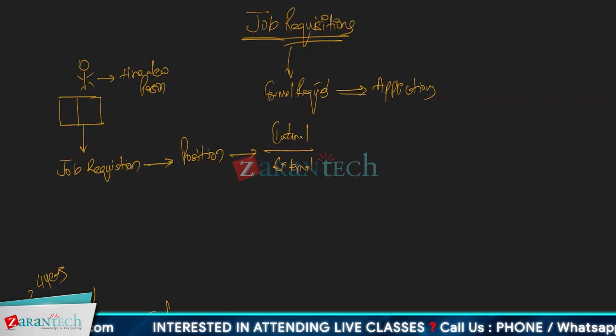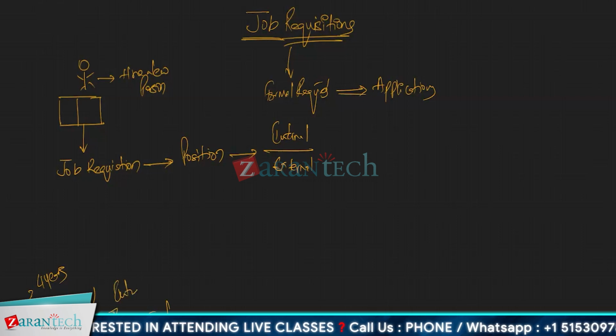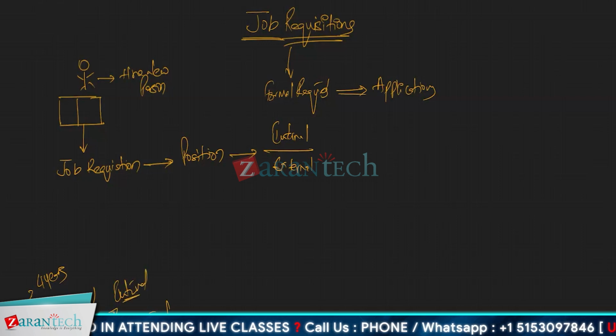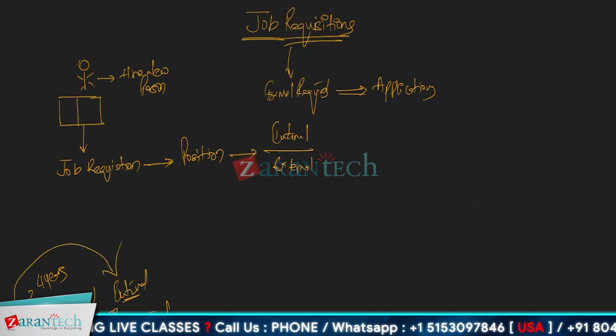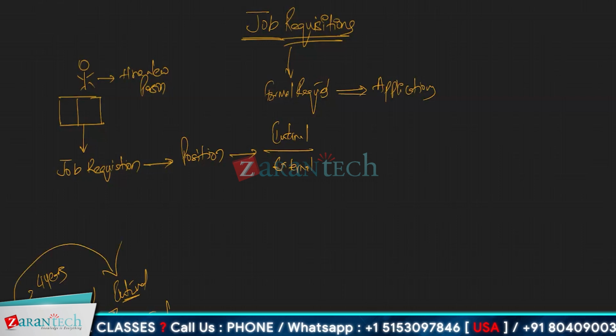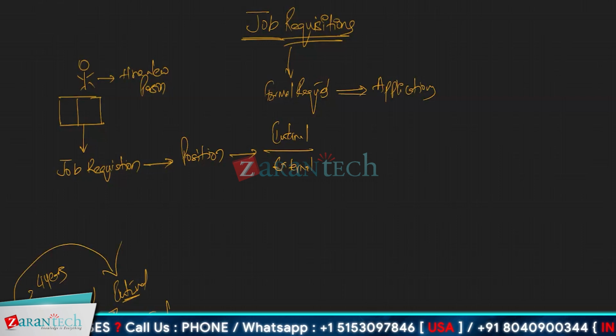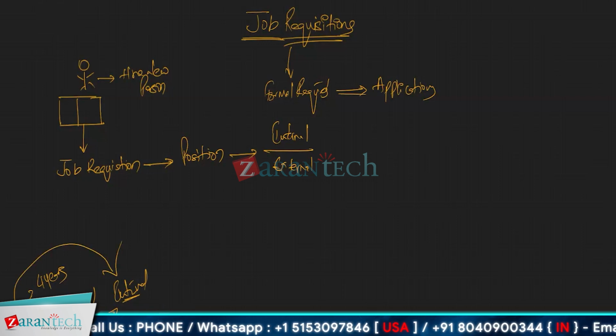But this position might also be posted internally, meaning employees who are already in that particular company can also apply, and maybe this recruiter also applies for this position because that person is interested. Okay, so that's called internal posting and external posting.